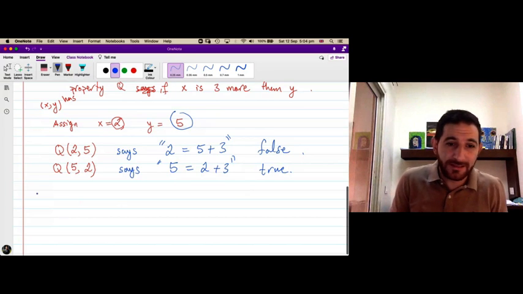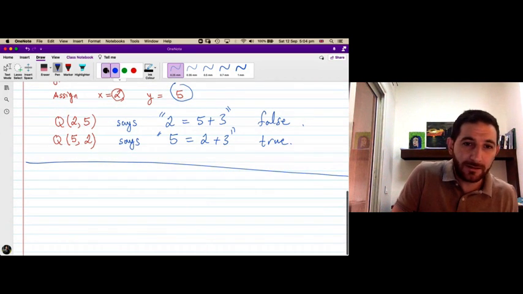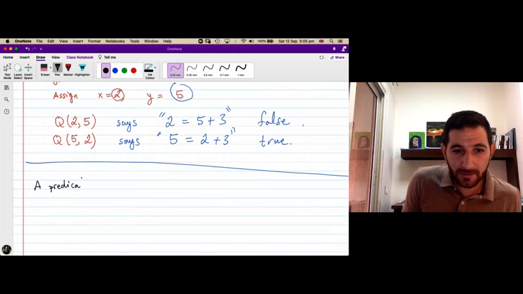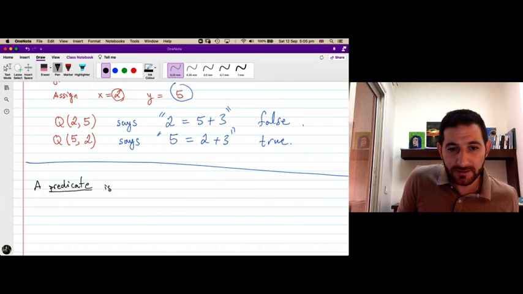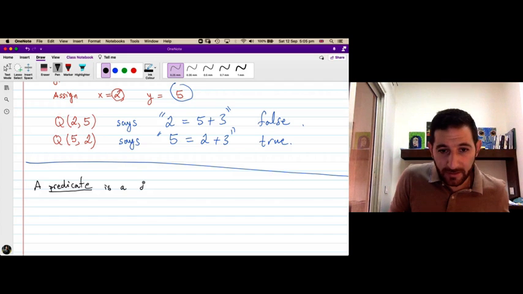Okay, so from these examples, let's define properly what we mean by a predicate. So let me write the definition here. A predicate is a descriptive statement, because it describes the property of the variables.